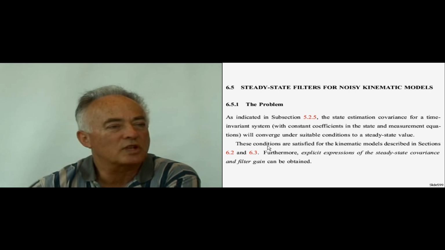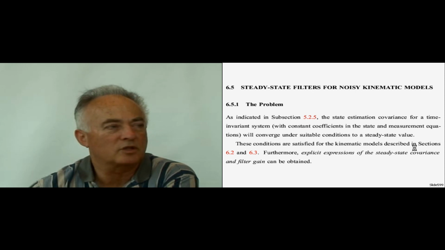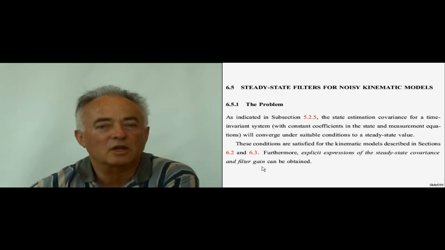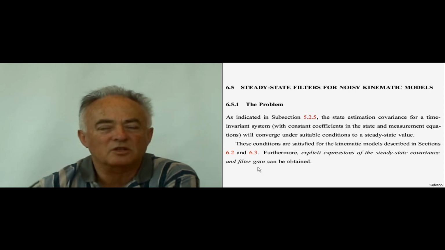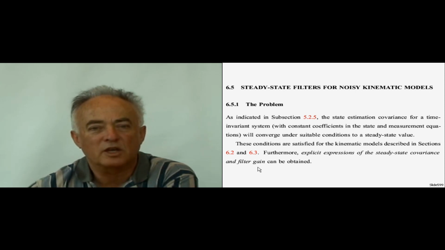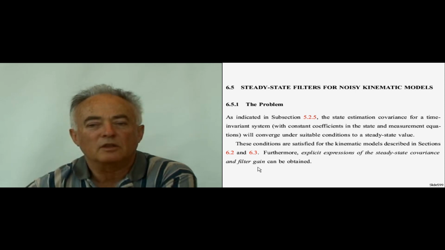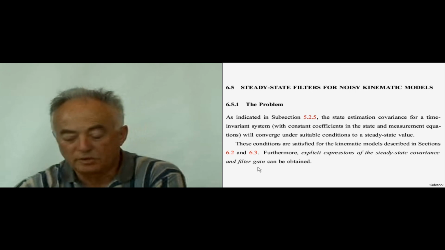Now, these conditions are satisfied for both types of models described before. What is also interesting, we can find explicit expressions of the steady state covariance and filter gain in this case. So it is not only that we have a steady state, it's extremely easy to implement the steady state in view of the fact that you have explicit expressions for the filter gains. These are going to be obtained next.